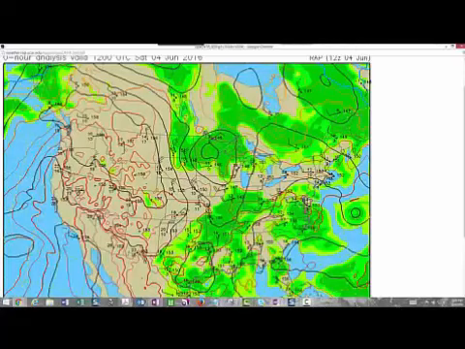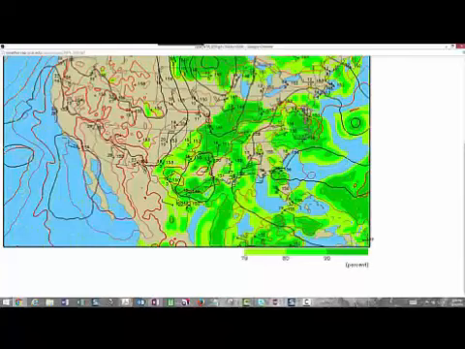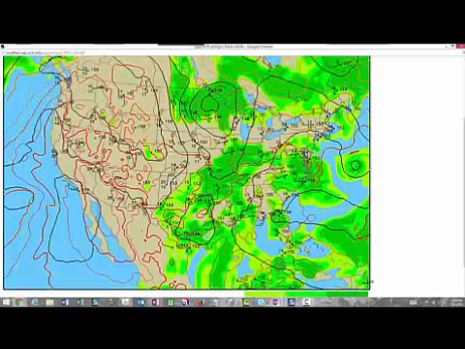And you see these pools of moisture. Now there's a legend down here that's relative humidity. Light green means relative humidity is anywhere from 70 to 80%. A little bit darker green is 80 to 90%. So anything slightly darker green and really dark green means we have sufficient moisture.